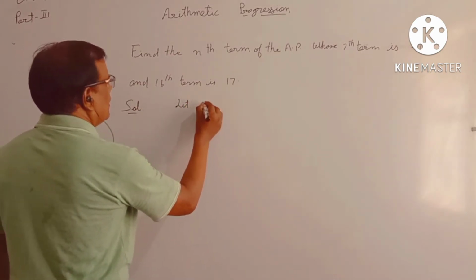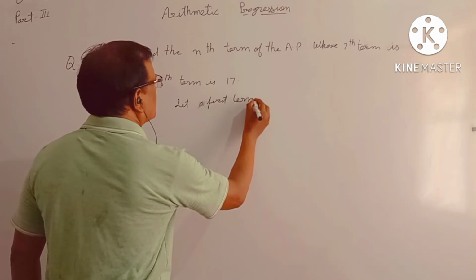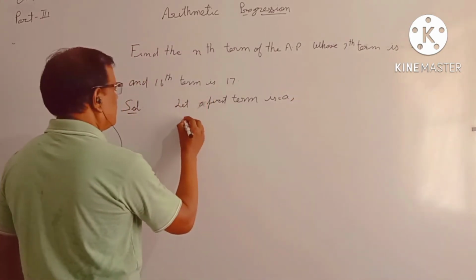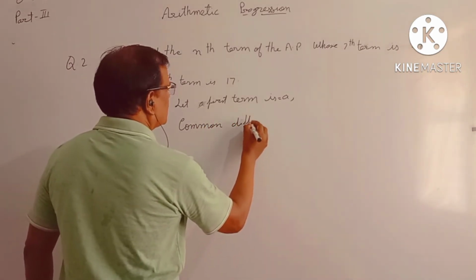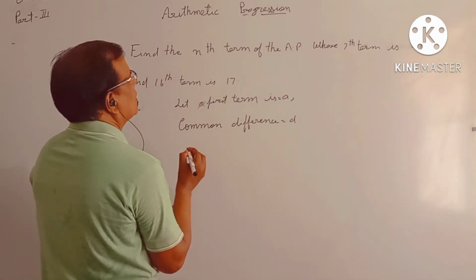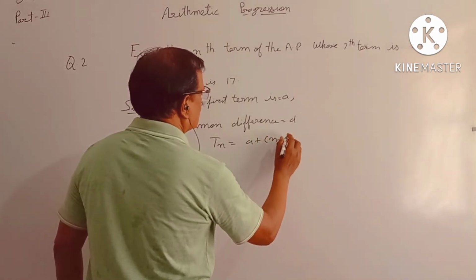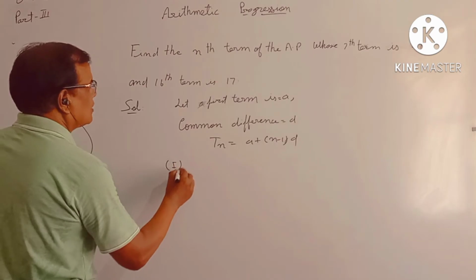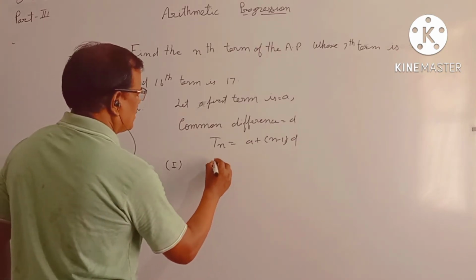Let the first term be A and the common difference be D. So its Tn is A plus n minus 1 into D. According to the first condition, the seventh term is minus 1.